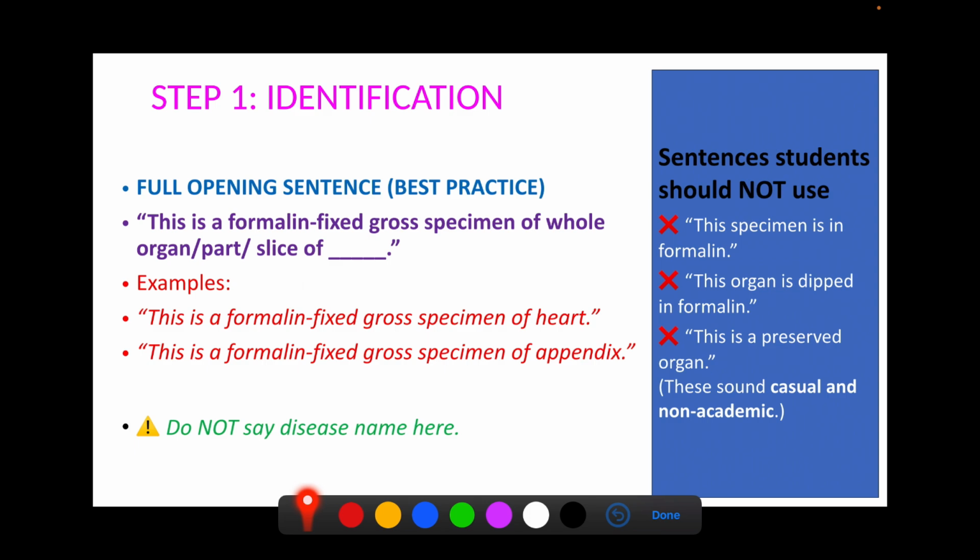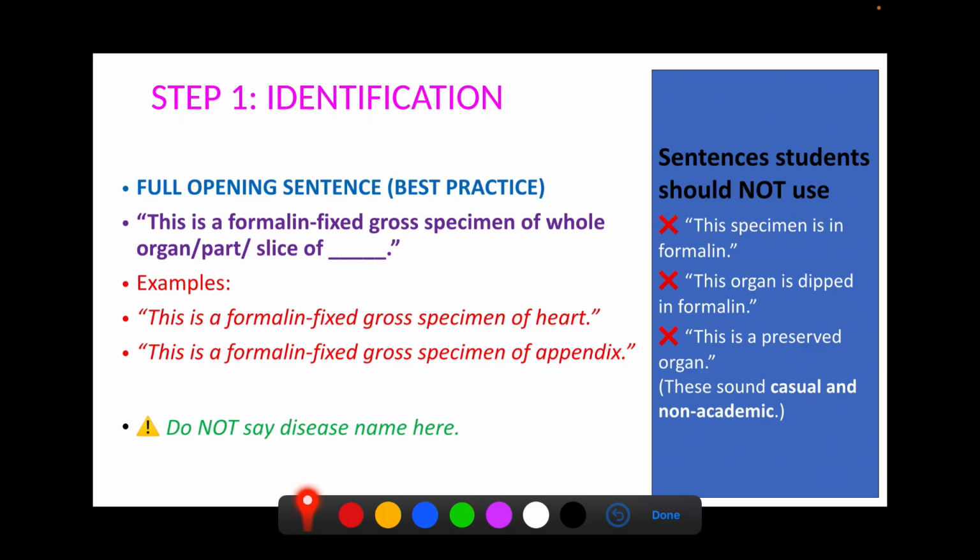So step 1 is identification. Whenever you see any specimen, try to identify which organ this is. If you identify that this is a heart specimen, then it will be easier for you to describe the lesion, because in the heart there are only a few diagnoses which can be asked in your exam, like myocardial infarction, healed MI or acute MI specimen, or hypertrophied heart or atrophied heart.